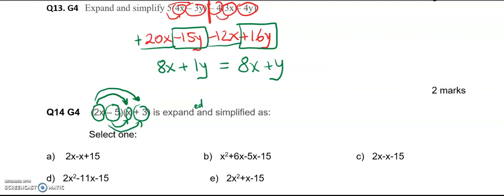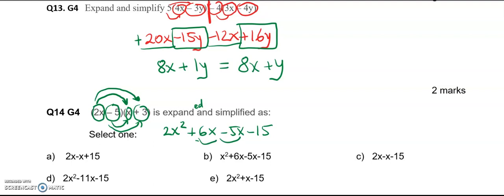So 2x times x is equal to 2x squared. 2x times 3 is equal to 6x. Minus 5 times x is minus 5x, and minus 5 times 3 is minus 15. We can collect the like terms in here.